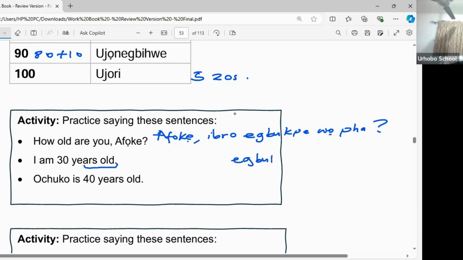Egbukwe. Okay, so I am 30 years. I told you how to describe yourself in the last class with I am. If you remember, say it. If you don't, I will help you again. So I am 30 years. How will you say it?